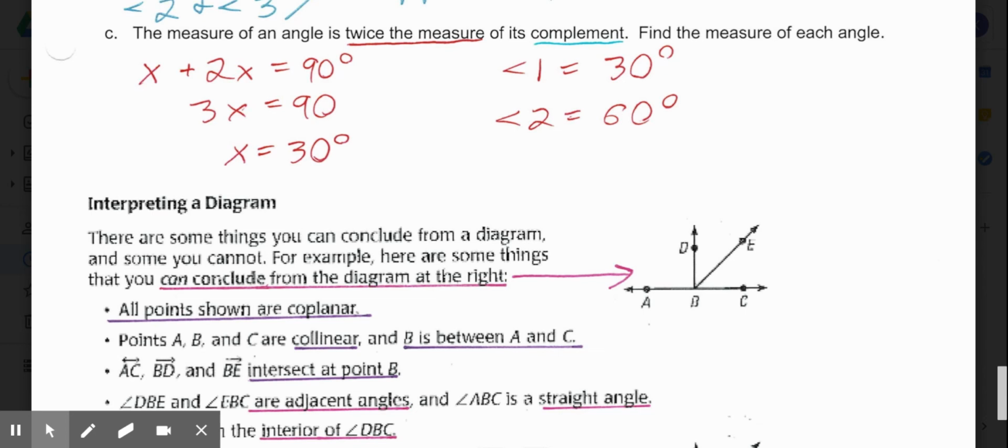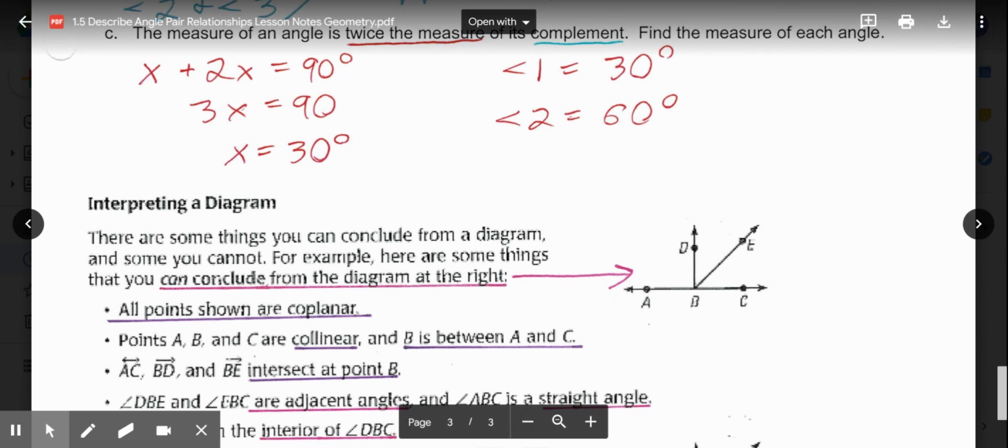So x plus 2x equals 90 degrees. Then 3x equals 90. Solve for x by dividing by 3, and x is 30 degrees. So I know one of my angles is 30 degrees, and the other is twice that amount. So 2 times 30 is 60 degrees.